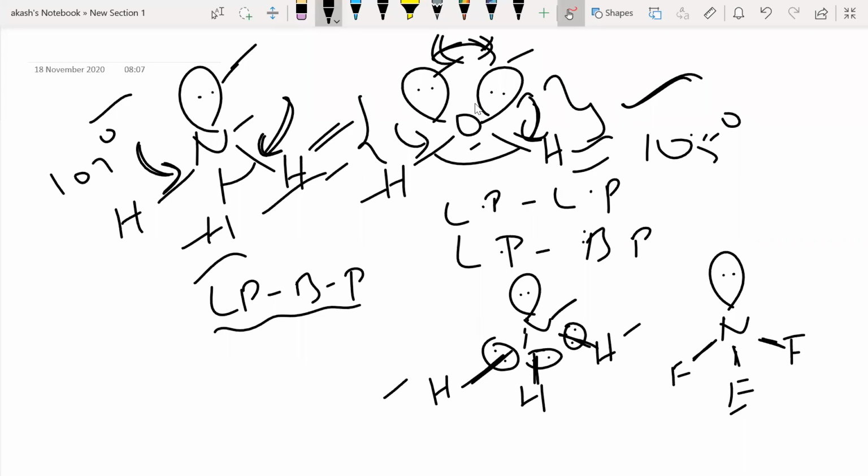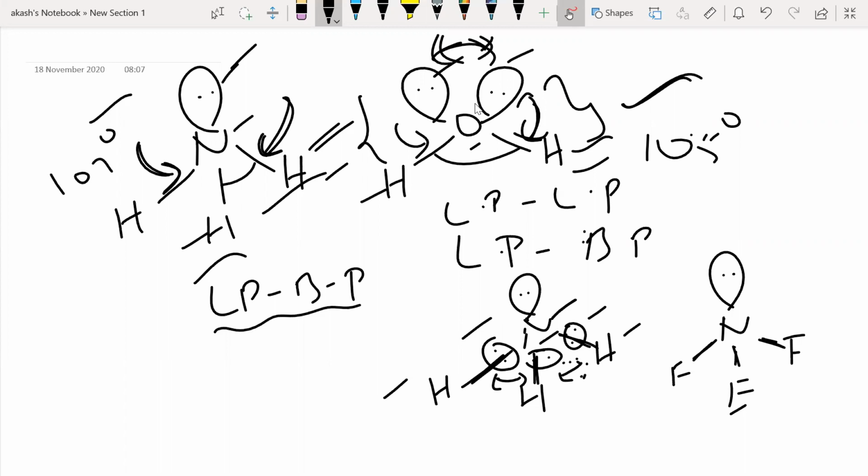Because of this, from the diagram itself, you can see the distance between the bond pairs is actually decreasing. The distance between the NH bond pairs decreases because the bond pairs are moving towards nitrogen.